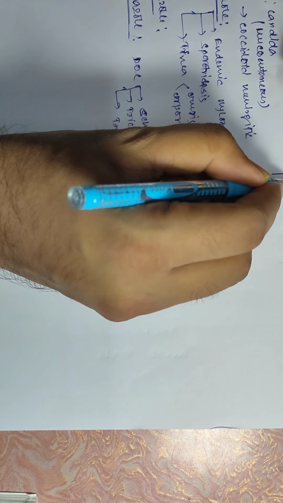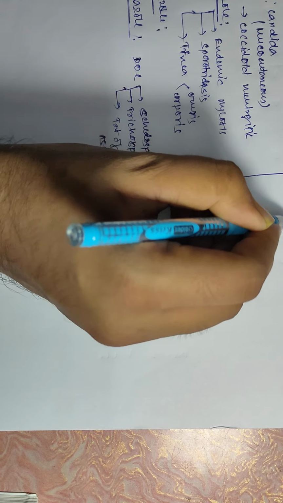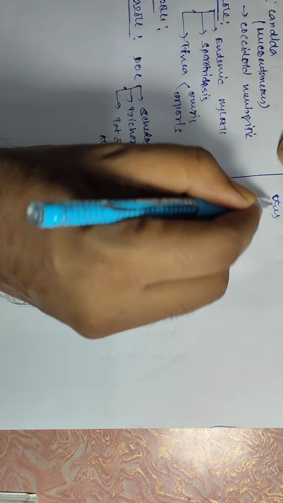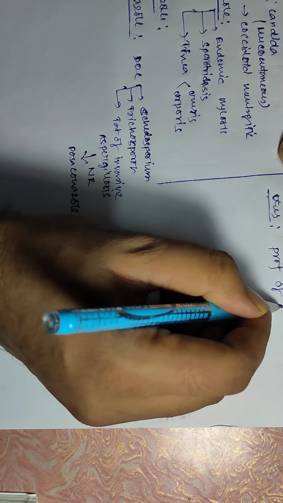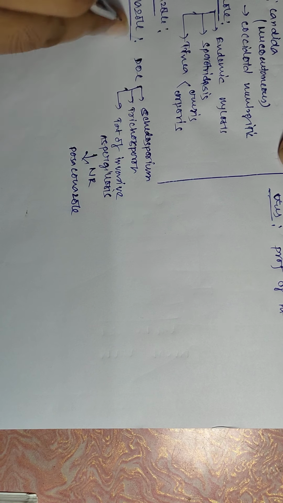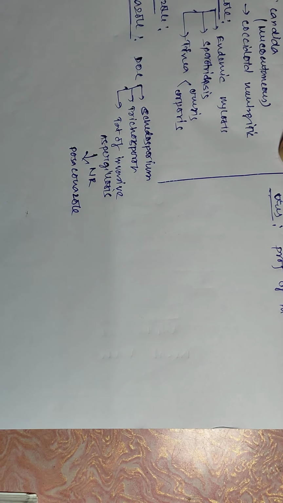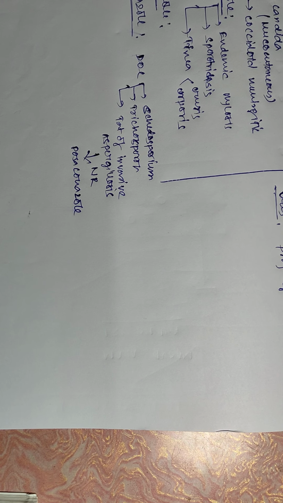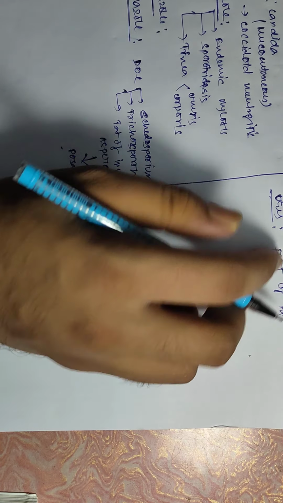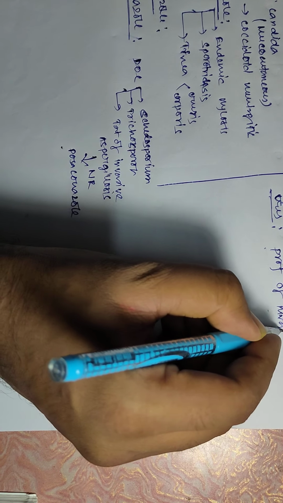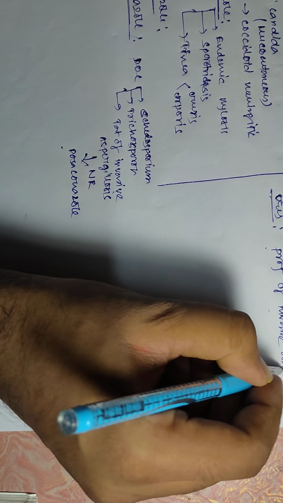Now the posaconazole. It is used for the prophylaxis of invasive aspergillosis. We can use it for prophylaxis, and the treatment of choice is the voriconazole. But if it is non-responding, then we can use the posaconazole, right?